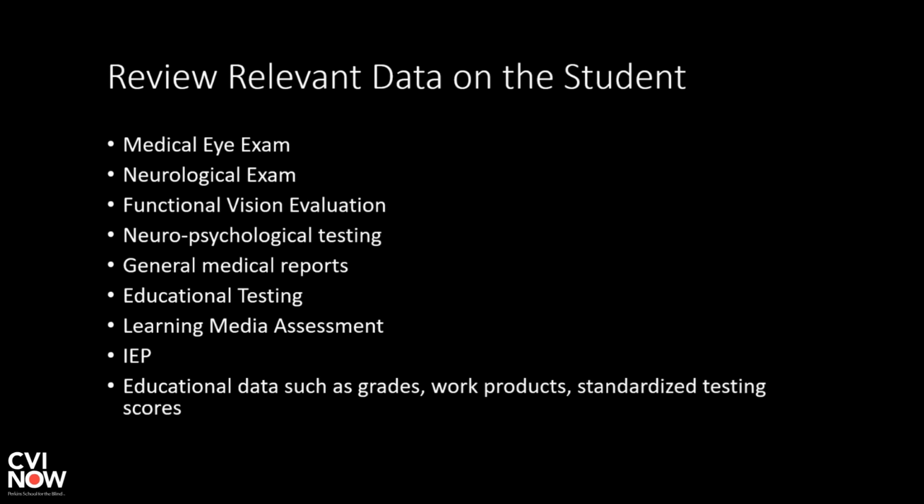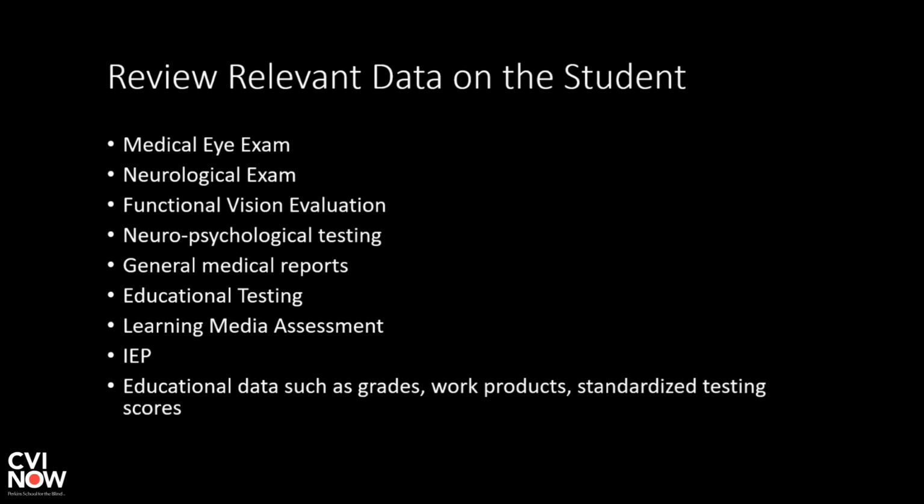And if you don't have those two things already in place, you really need to collaborate with a teacher of the visually impaired who's competent in CVI to complete those two evaluations, because it's going to be really hard to make decisions about assistive technology. One, if you don't understand the child's functional vision, and then also if you don't know what the child's preferred learning media is, because oftentimes these technologies are specifically tied to particular learning medias.